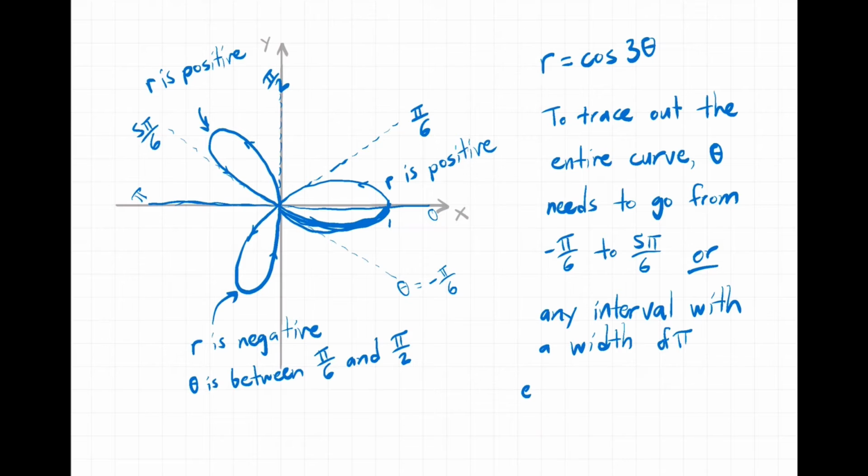Such as the interval from 0 to pi, or the interval from pi to 2 pi. Any interval whose width is pi will allow the curve to be traced out in its entirety. Now let's think about how to take advantage of this to help us find the area enclosed by the curve. What we care about is the area inside these three lobes.